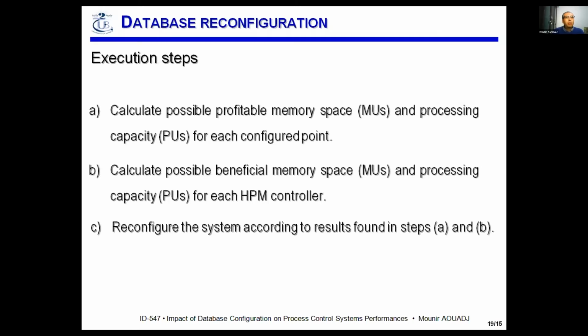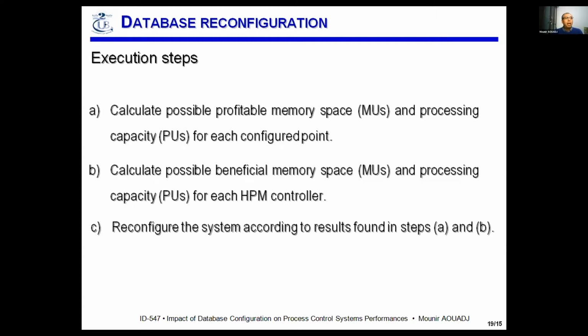Execution steps for the database reconfiguration are, first of all, we had to calculate possible profitable memory space, MUs, and capacity of processing PUs for each configurable point. Then calculate possible beneficial memory space and the capacity of processing for each controller, which is the total of all profitable memory space.